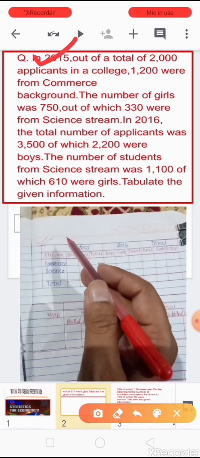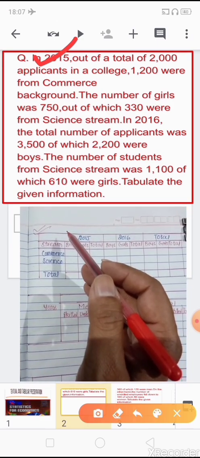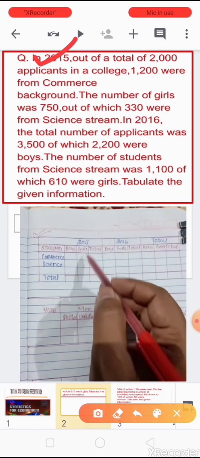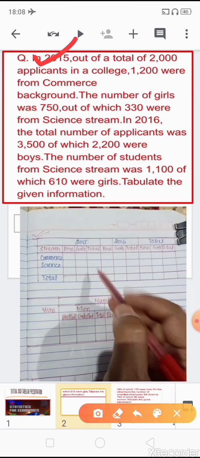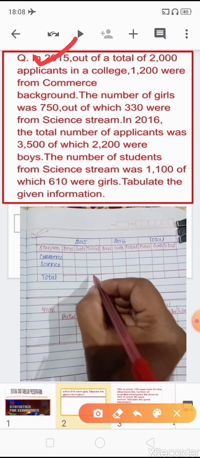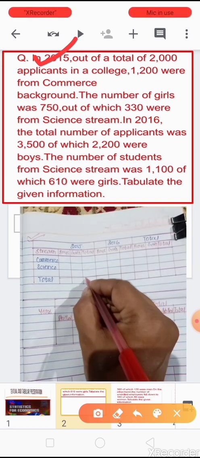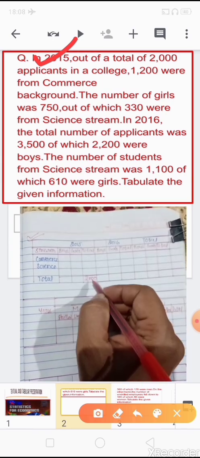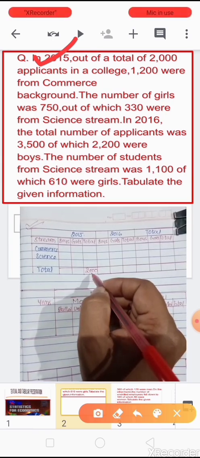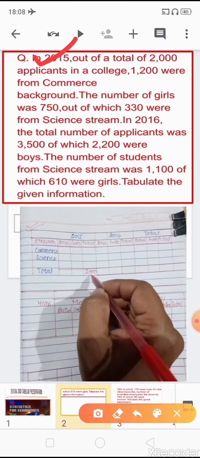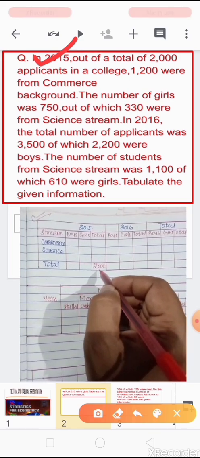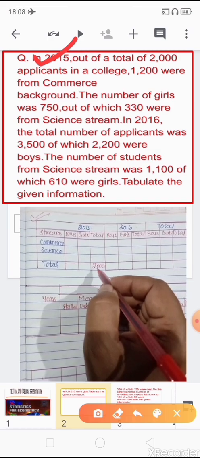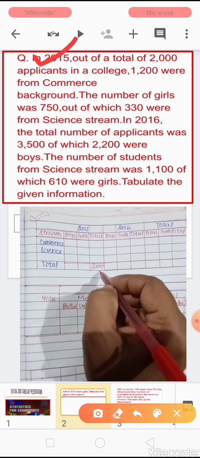In the year 2015, out of the total applicants in a college, the total number of students is 2000. This particular row and column will explain the total number of students in the year 2015.